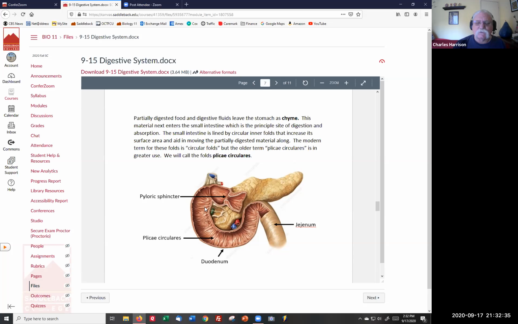Some fat could be emulsified in the stomach, made into smaller and smaller droplets just by the churning of the stomach. But the real emulsification is done in the duodenum. Notice right here a little dot. That's an entranceway. We'll be talking about it in a second.